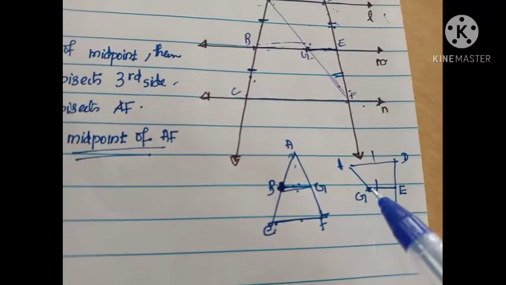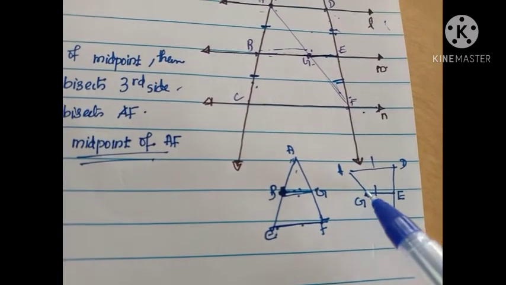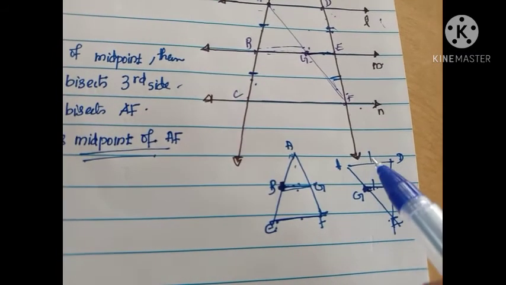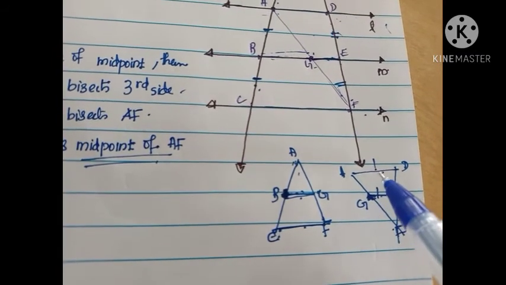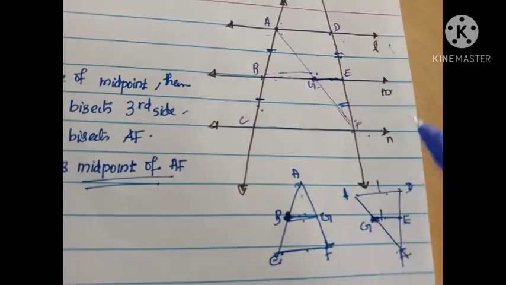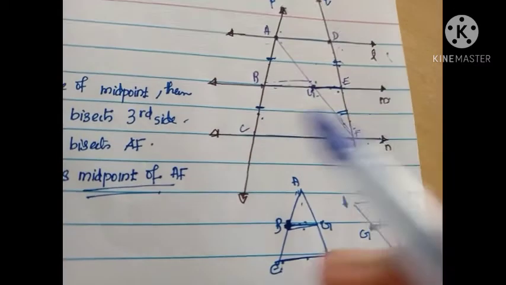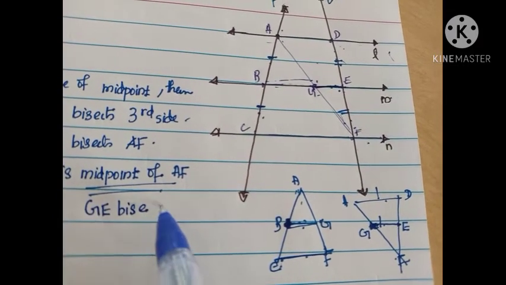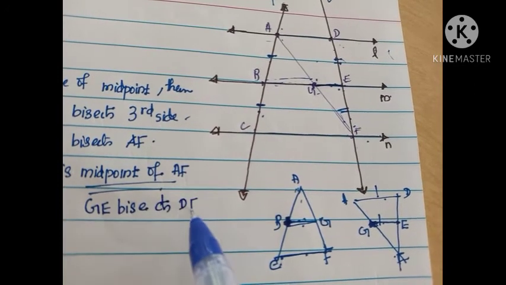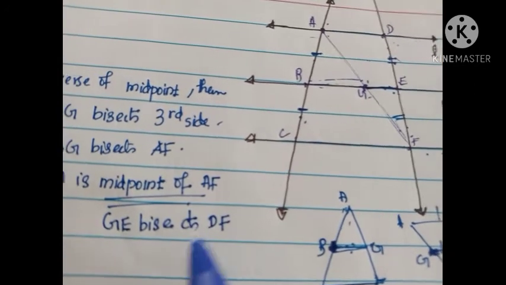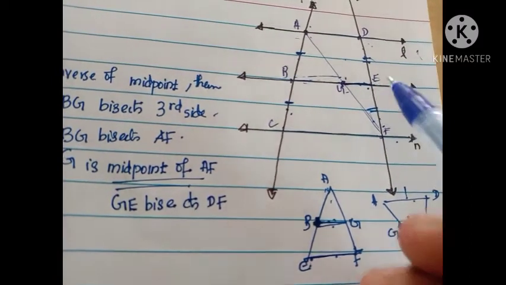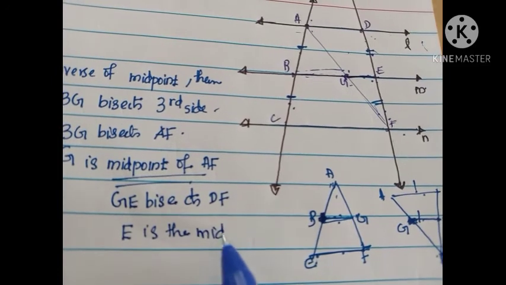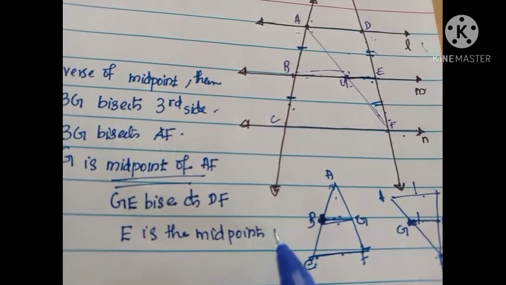So G is the midpoint of AF and the GE line is passing through this midpoint G and also parallel to AD. Again by the converse of the midpoint theorem, this GE line bisects the third side. What is the third side in triangle AFD? Yes, it is DF. So GE bisects DF, which means this point E is the midpoint of DF.